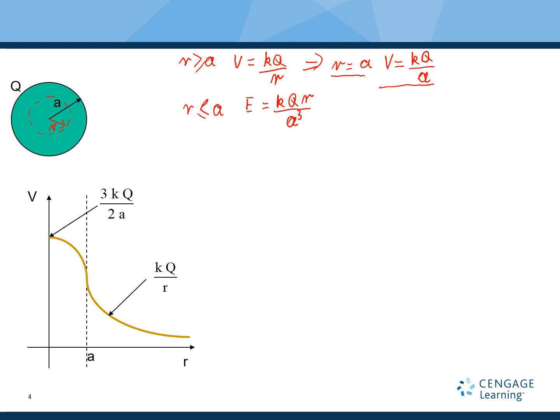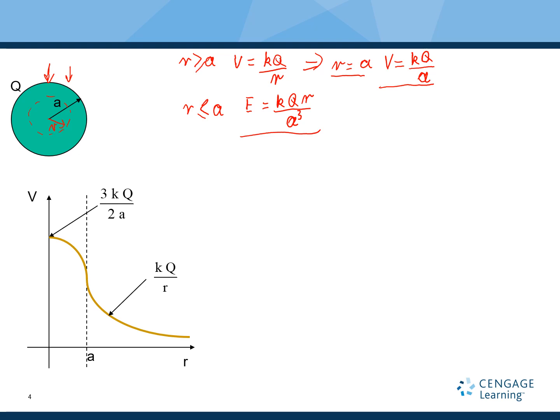Now, if I want to integrate this electric field as a function of radius inside the sphere, I can start at the center of the sphere and integrate outwards to some radius r.